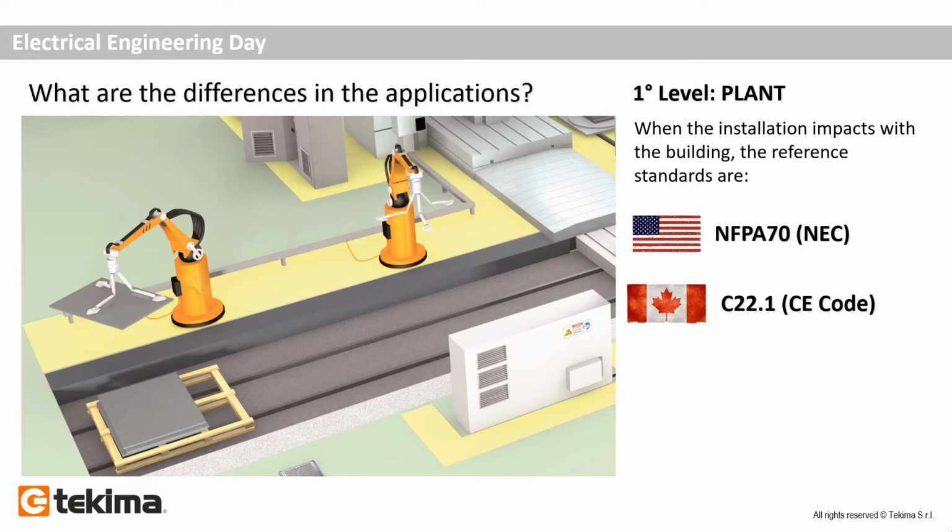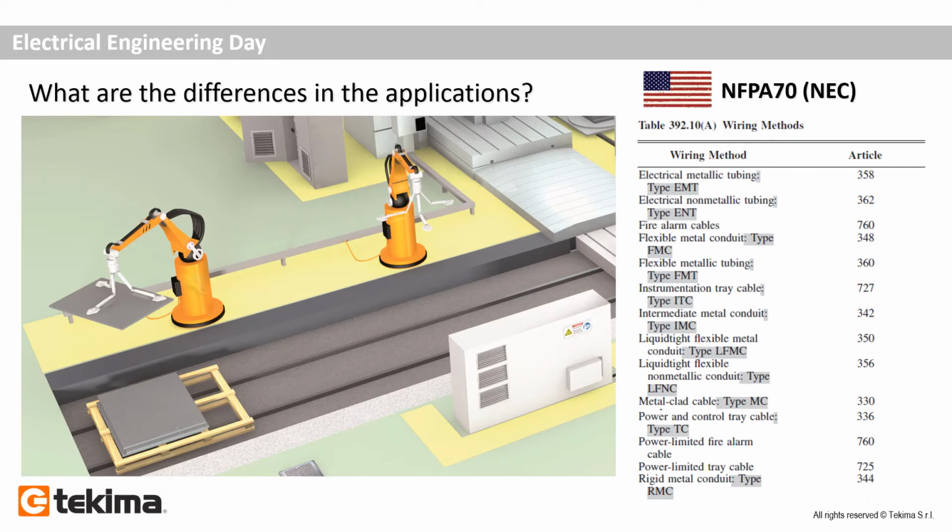As we have seen before, two main standards: the National Electric Code for USA and the Canadian Electric Code for Canada, where I can find the references of the wiring products that meet the requirement. In the National Electric Code, on table 392.10(A), there is a list of products that are compliant with the standards. Just for instance, electrical metallic tubing, EMT, flexible metal conduit, FMC, and tray cable.